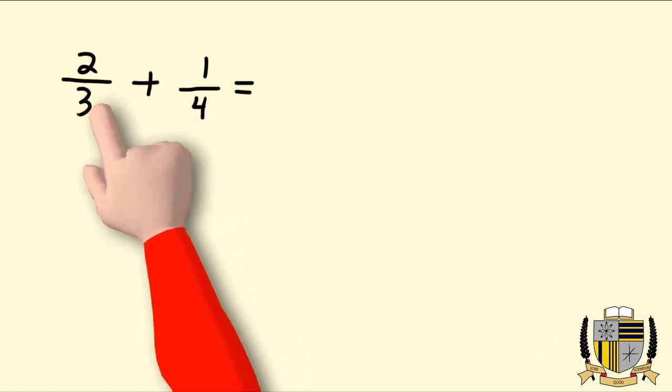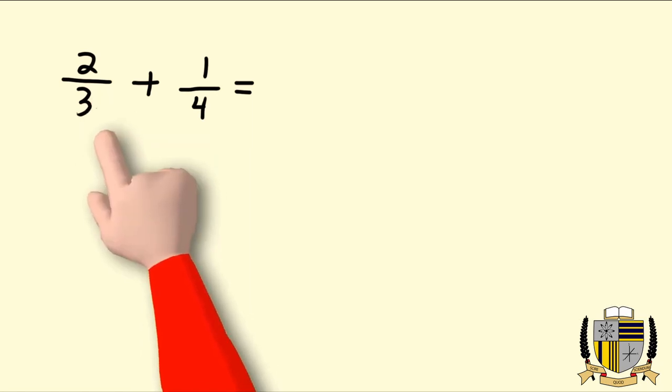And I say to myself, okay, I think 12. 12 could be the least common denominator. There could be other common denominators that are greater than 12.